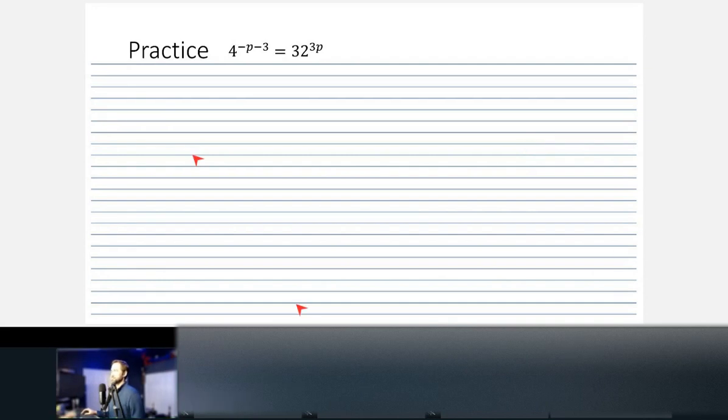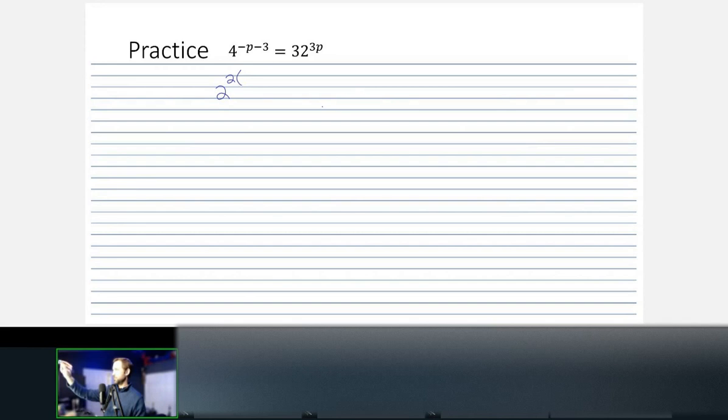2. Yeah. So let's start with the 4. 2 to what power equals 4? Yeah, 2 squared. 2 squared equals 4.